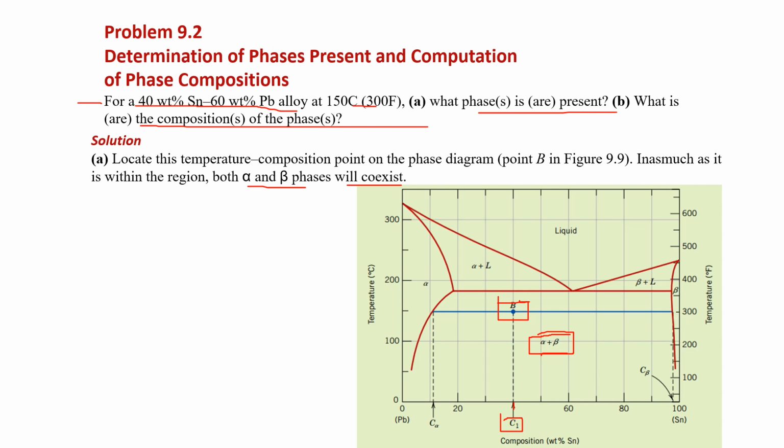A tie line is drawn from point B so that it reaches the solvus line of alpha and the solvus line of beta, and draw perpendiculars from the boundary lines of the solvus lines of alpha and beta. The composition C alpha is given by the intersection of the tie line and the solvus line of alpha. Likewise for the intersection of the tie line and the solvus line of beta.